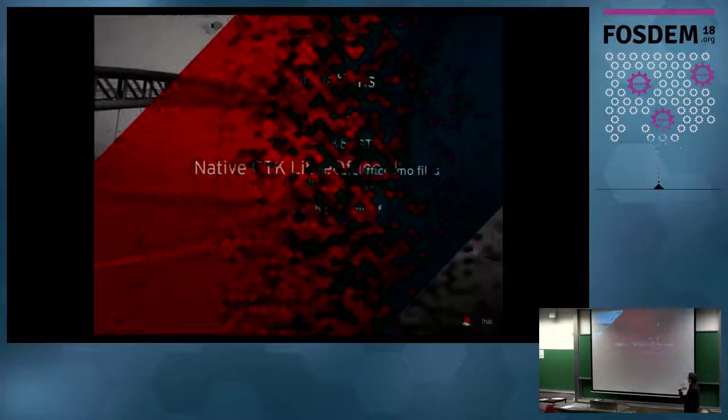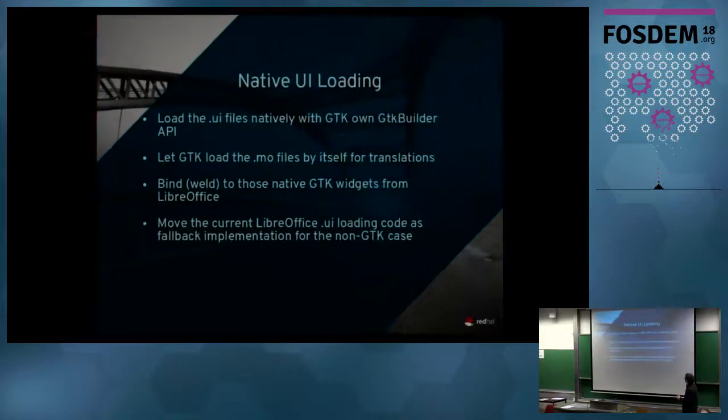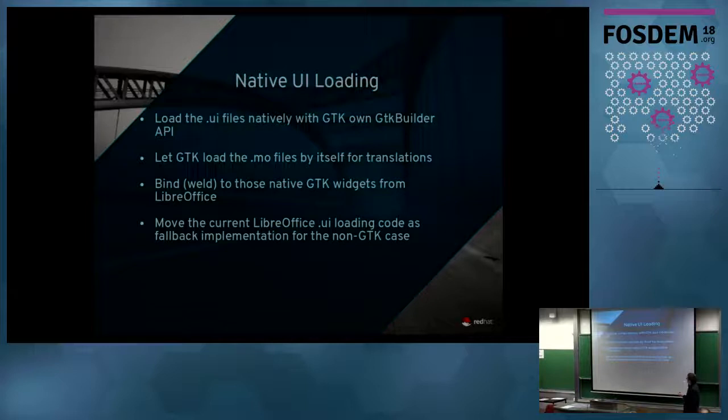So obviously, where am I hoping to go with all this? It is possible to load those .ui files natively with GTK, with its own GTK Builder API, bypassing our re-implementation of that.